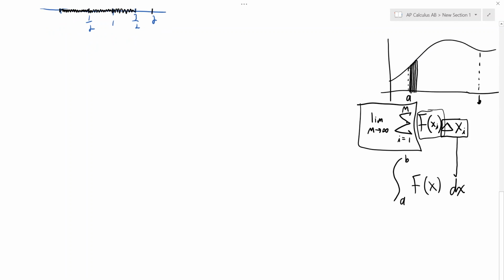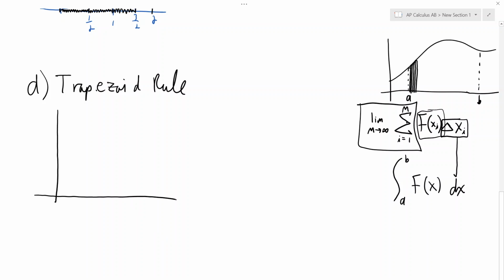So D. We're going to approximate the value using the trapezoid rule. So instead of using 4 rectangles, we're going to use 4 trapezoids. I'm going to draw this out again just so you can see what the thing looks like.